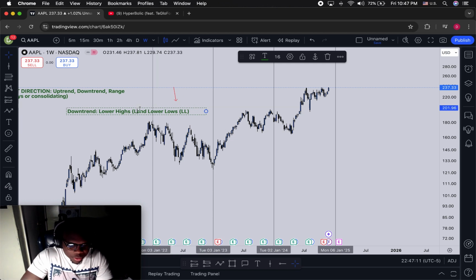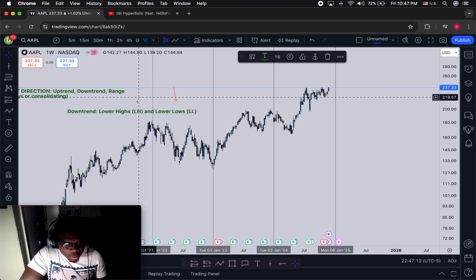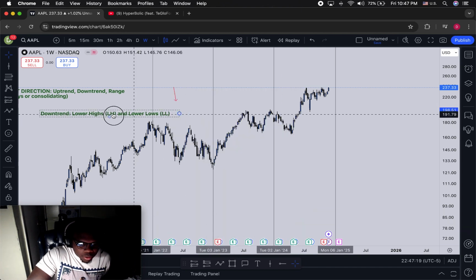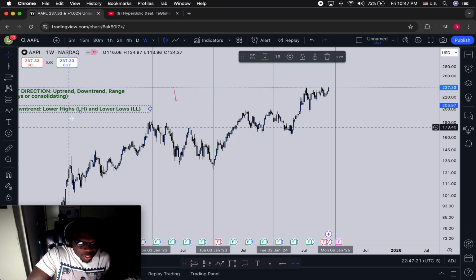That's just what that means. So downtrend, lower highs and lower lows.